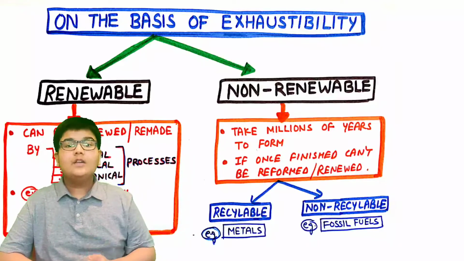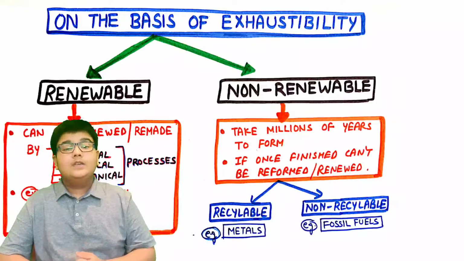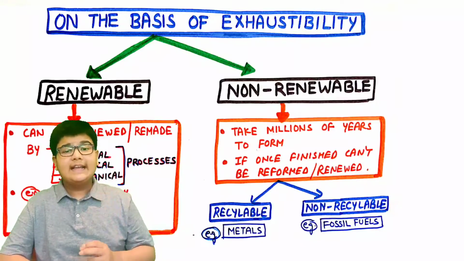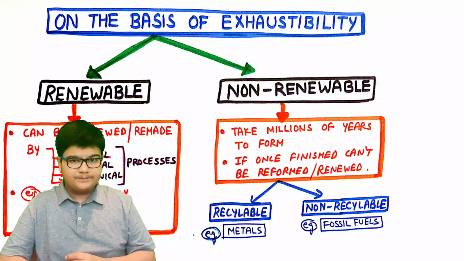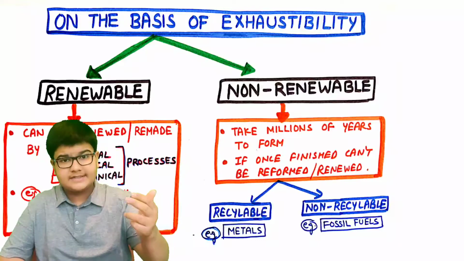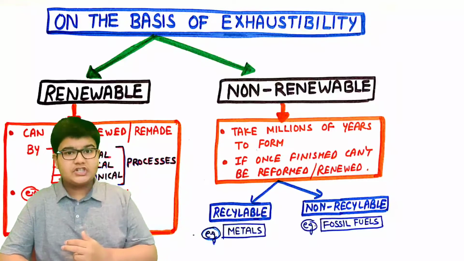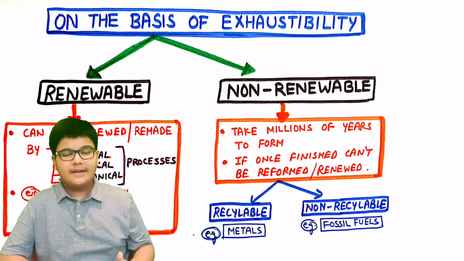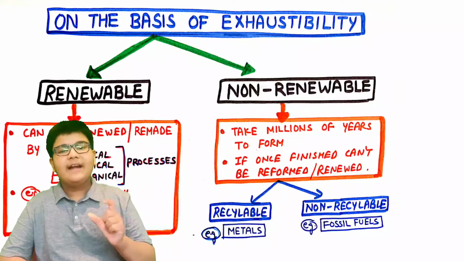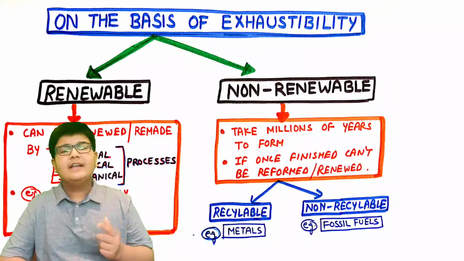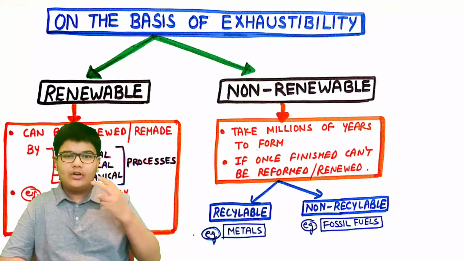Now let us understand the non-renewable resources. These resources take billions of years to form. And as the name suggests, once they are finished, they cannot be renewed. But they are classified into two types which are recyclable and non-recyclable.